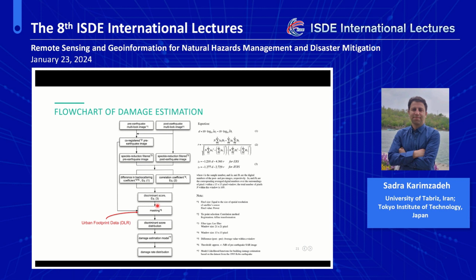Then we developed discriminant scores like this, and then we masked the urban areas using the global urban footprint datasets of the DLR, and then we developed the damage degree model.